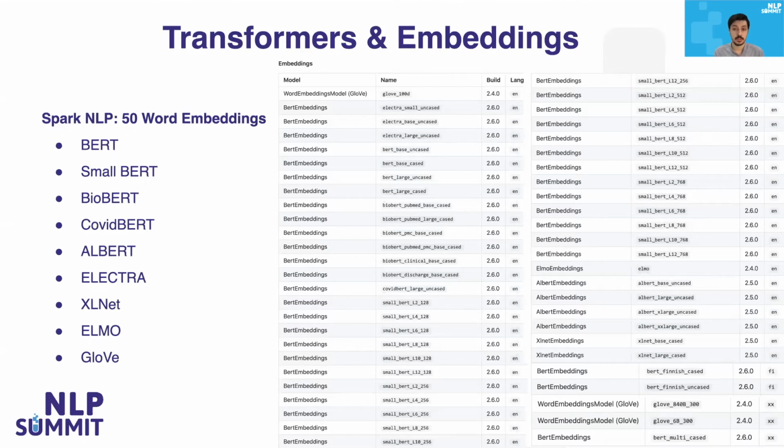Some of the most recent and state-of-the-art language modeling, such as BERT, ALBERT, ELECTRA, XLNet, ELMo, and other fine-tuned and domain-specific transformers such as BioBERT, ClinicalBERT, CovidBERT, and so on. You can choose any of these word embeddings and train your own named entity recognition in Spark NLP.